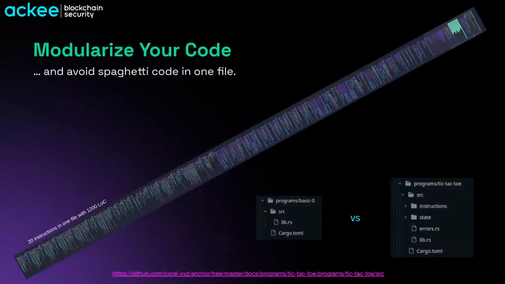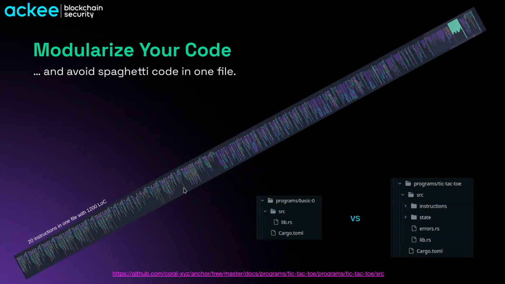And the first tip I have for you is modularize your code. So far, during the school, mostly our projects were only in one file, in the lib.rs file. But this is not actually the best approach. It might be suitable for very small programs, but in most cases you don't want to have such a big spaghetti code.